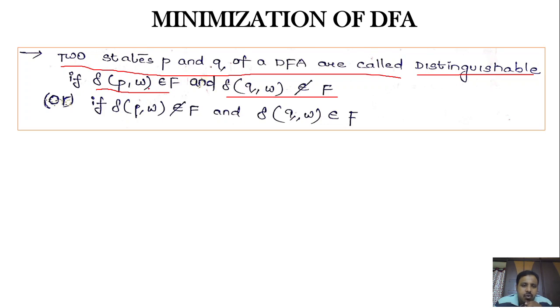Why? Because on processing W from P it gives a final state, but on processing W from Q it does not. So we can say that the states P and Q are distinguishable.